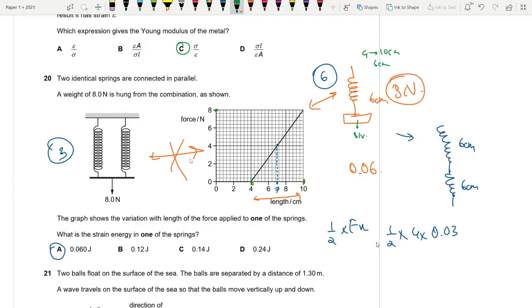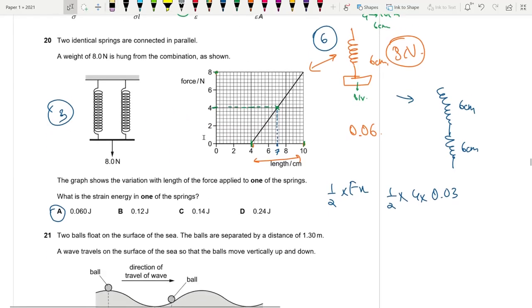So half Fx or 0.5 into 4 into the extension of 3 centimeters or 3 into 10 to the power minus 2, we're getting an answer of 0.060 joules. So 20 is A. Interesting question, okay? So this should be the new position because it's actually getting a force of 4 newtons rather than 8. It's shared, right? So the extension is 3 cm.